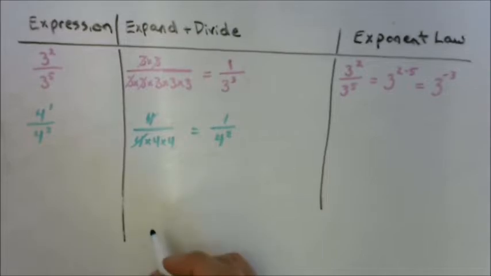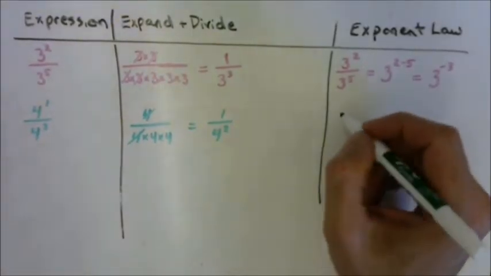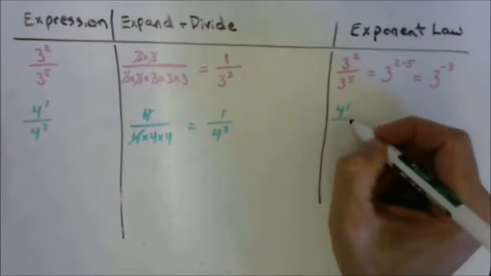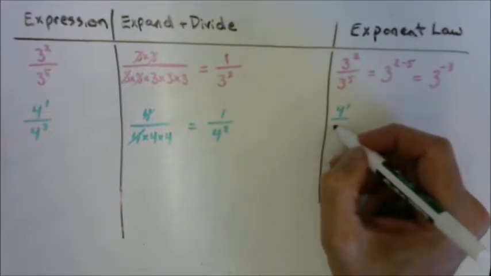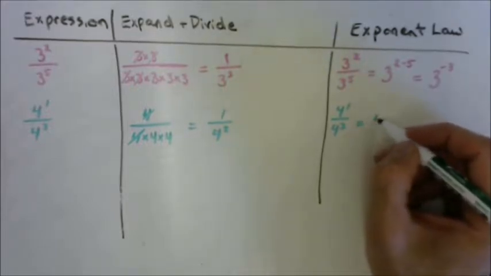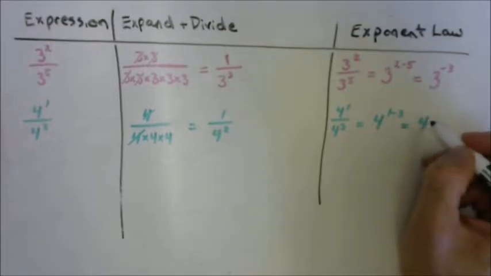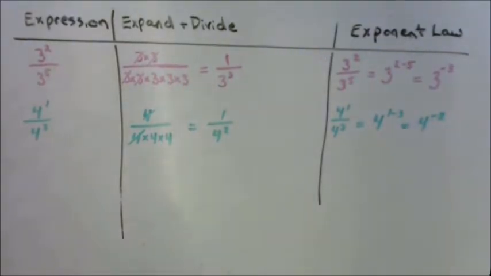Well, let's see what happens if we apply our exponent law for the quotient rule of exponents. Starting with the same expression, 4 to the power of 1 over 4 to the power of 3. Our quotient rule says that's the same as 4 to the power of 1 minus 3, which is 4 to the power of negative 2.